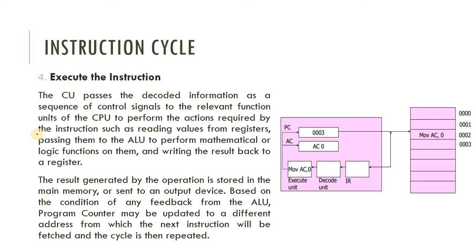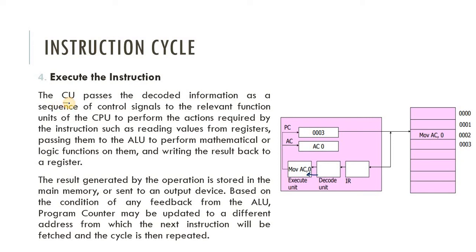Based on the condition of any feedback from the ALU, the program counter may be updated to a different address from which the next instruction will be fetched, and the cycle is repeated. Here in this figure you can see that after decoding, the decoded instruction is given to the execution unit. This is handled by the control unit.